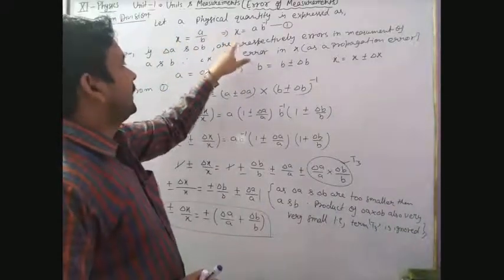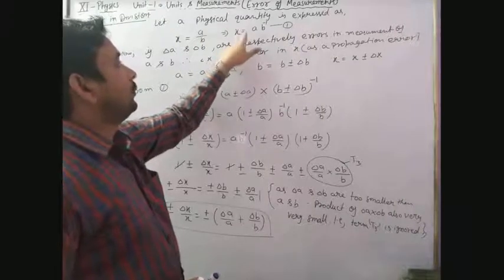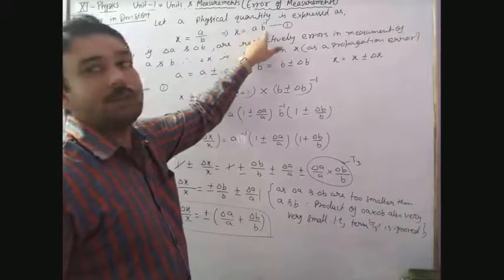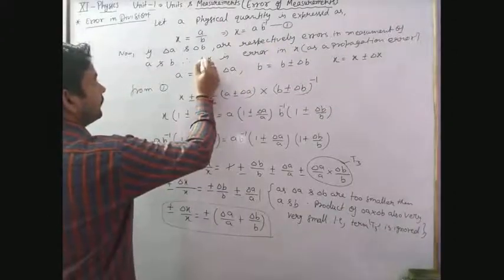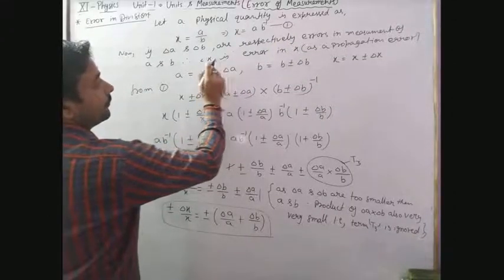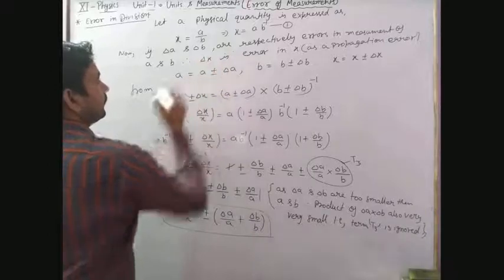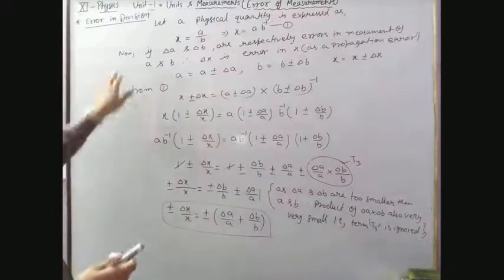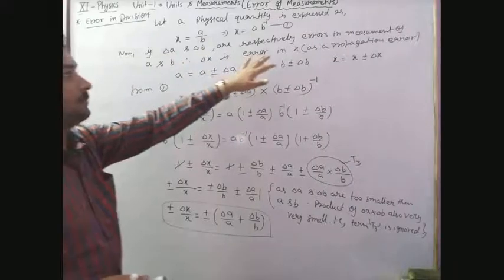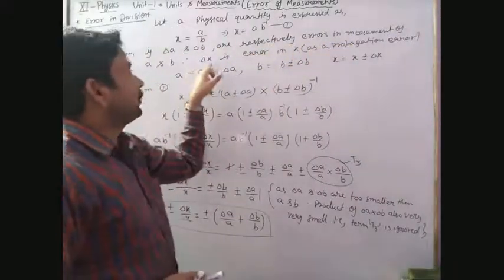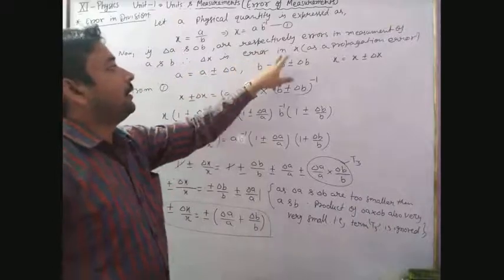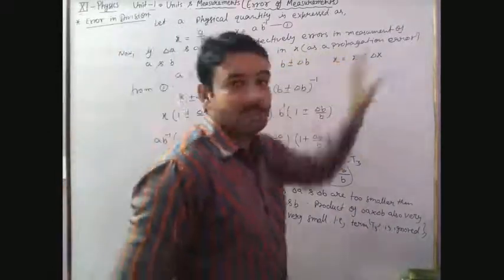Therefore it can be written as x = A B^-1. Now if ΔA and ΔB are the respective errors in the measurement of A and B, therefore Δx is the error in x as the propagation error.